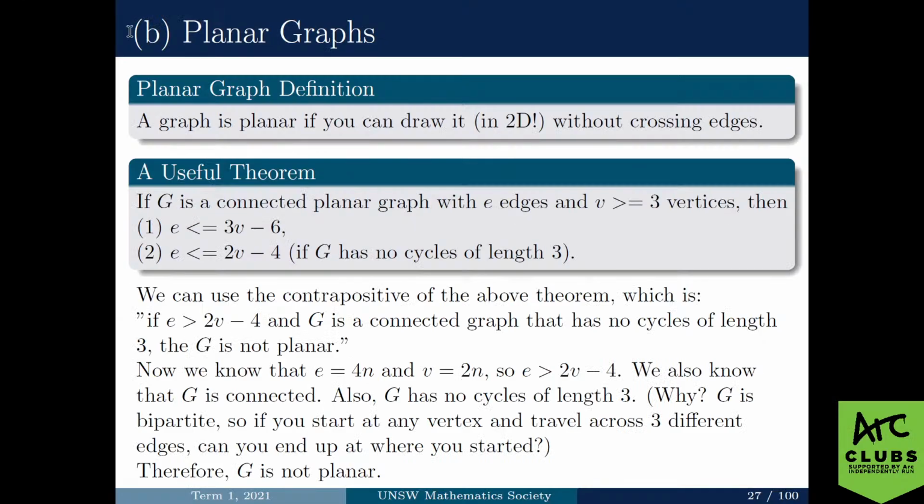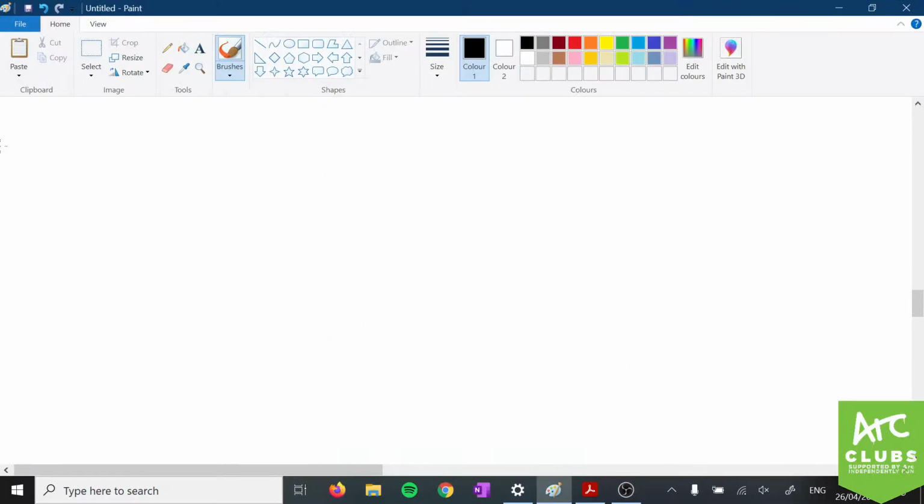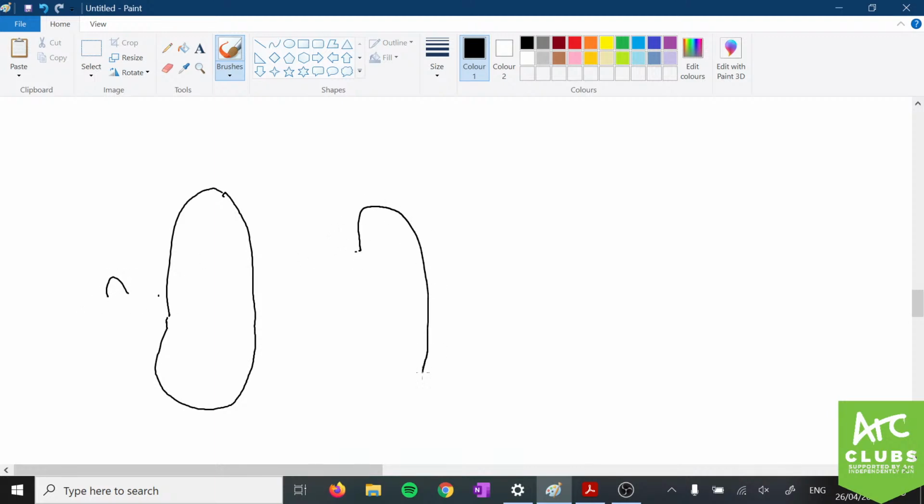cycles of length 3. And in the exam, we wouldn't be able to just say that. We have to show why. The reason G has no cycles of length 3 is that it's bipartite, with n vertices here and n vertices here.